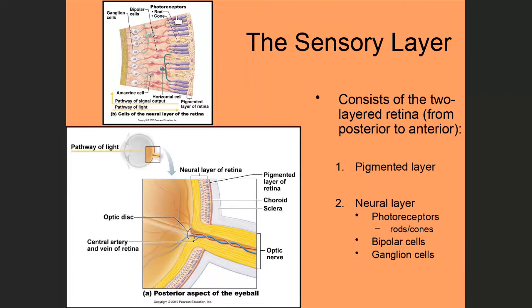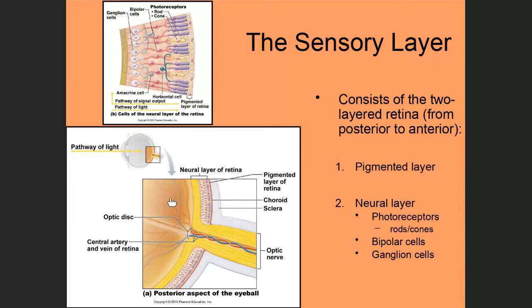When rods and cones generate these action potentials, that's going to send a signal to this next neuron in the pathway, which is known as a bipolar cell, which sends a signal to this most anterior cell in the pathway, which is known as a ganglion cell. And these ganglion cells feed into what's known as the optic nerve, so the nerve that's taking away all this information on vision from the back of the eye.